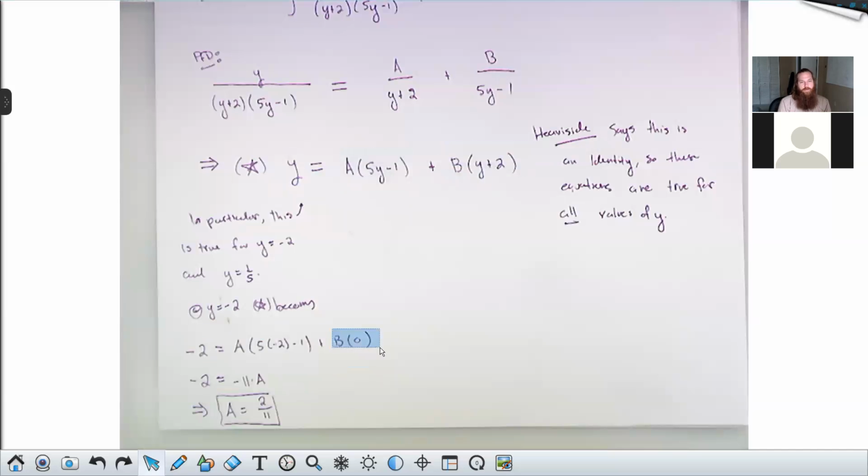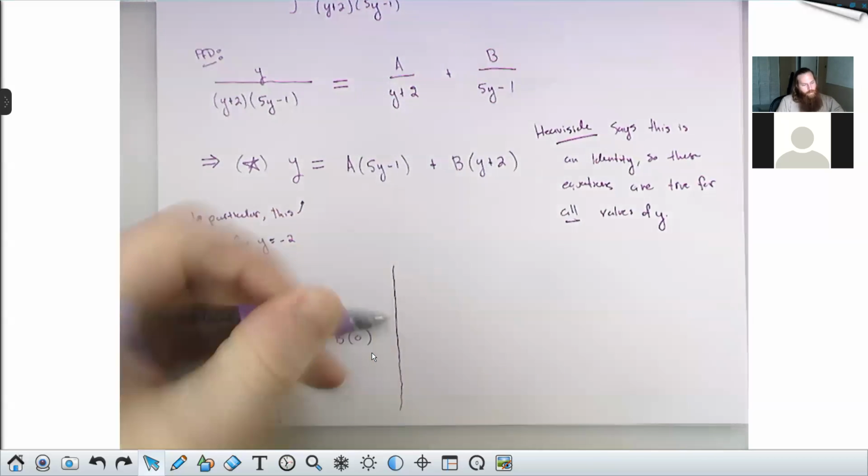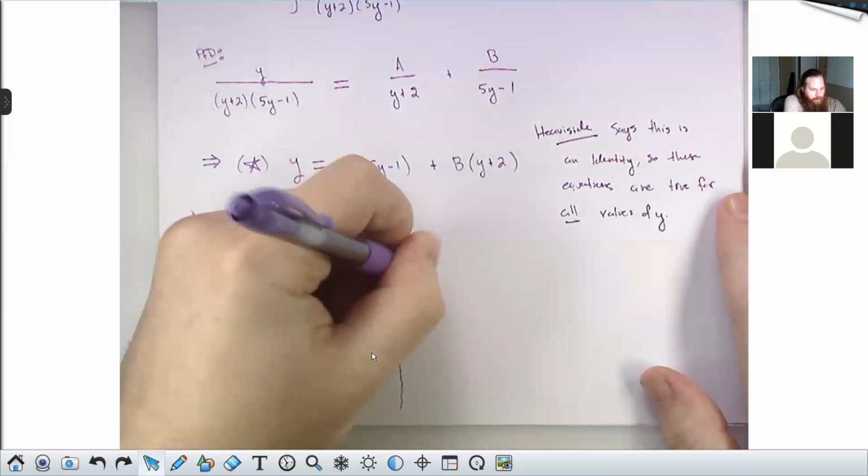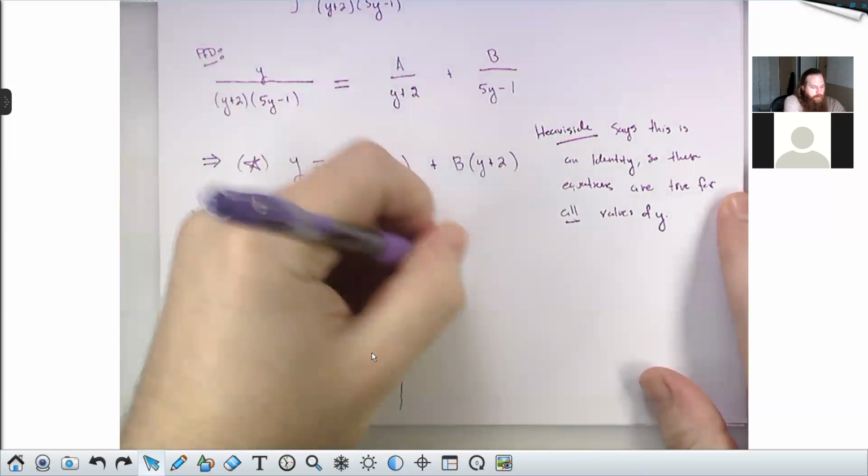Well, -2 plus 2 is 0, so that's B times 0. So this goes away. The value that makes the other factor here 0 is 1/5.